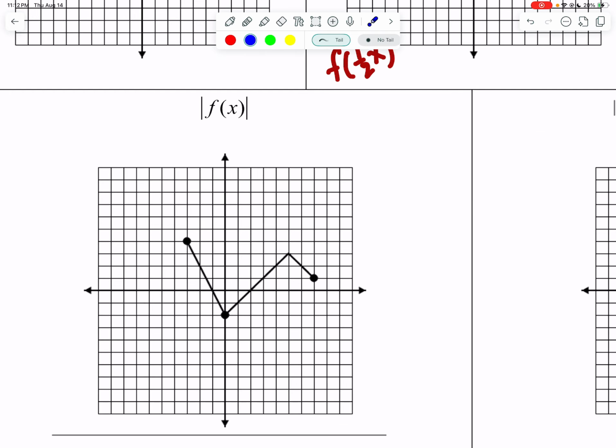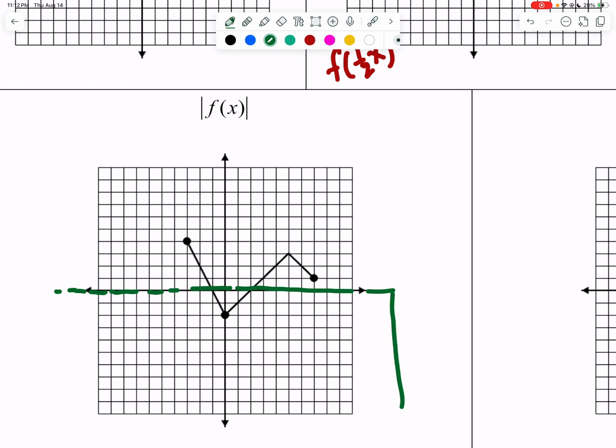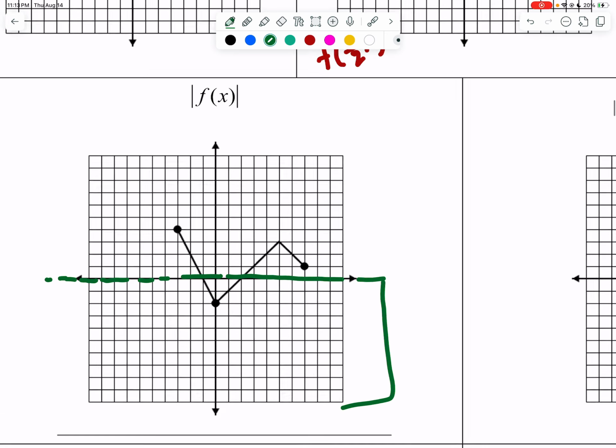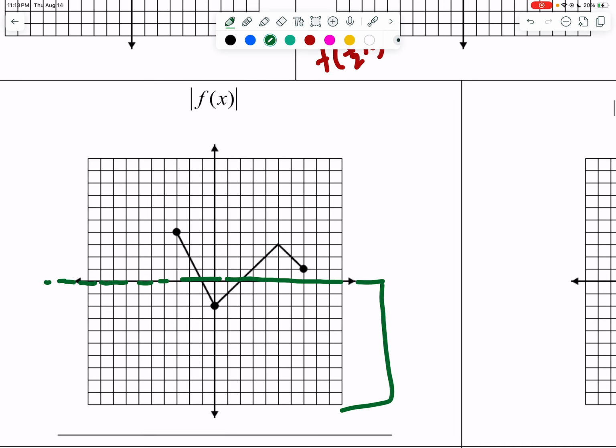So the first one is the absolute value function. And notice how with this absolute value function, it's the absolute value of the whole thing. Meaning that anything I see below the x-axis needs to be brought up. So I should not see anything below the x-axis. So this 0, negative 2 becomes 0, 2.